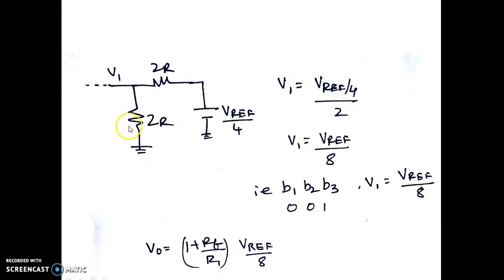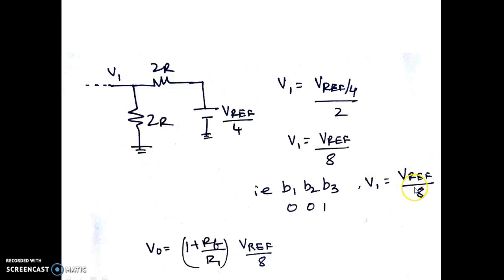Why? Because this is like a potential divider, having some voltage divided between two resistors of equal value, which will be half of it. Exactly, V1 is equal to V reference by 4 into half, which happens to be V reference by 8. Meaning, if the input combination is 0, 0, 1, you will get V1 equal to V reference by 8.